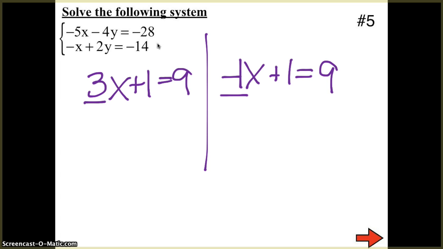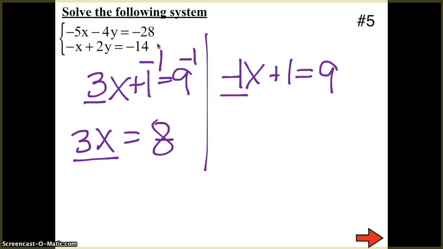Let's see which one leads to a better answer. So first I'm going to go ahead and subtract 1 from both sides, leaving me with 3x equals positive 8. The very last step is to divide off the coefficient, which in this case is a 3. And notice, what do I have now? I have x equals 8/3.